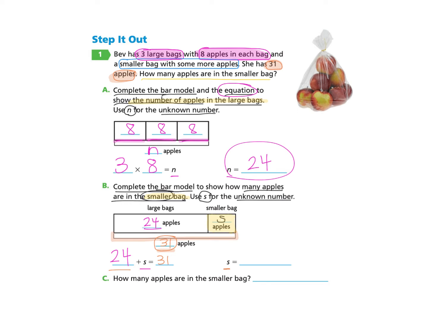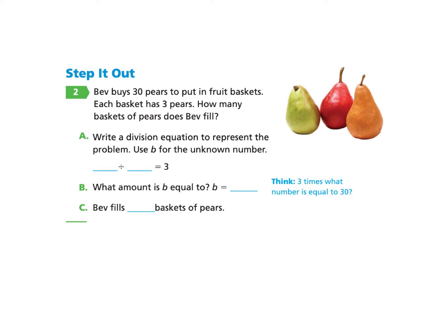Or you can subtract 31, take away 24. Either way, you are going to find that there will be 7 apples. So S equals the number 7. So we can answer how many apples are in the smaller bag. There are 7 apples.